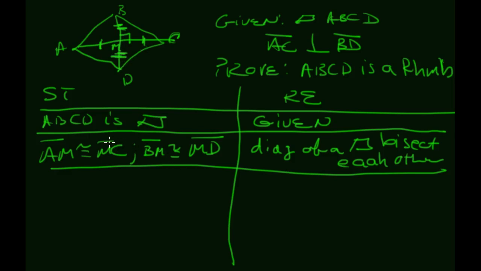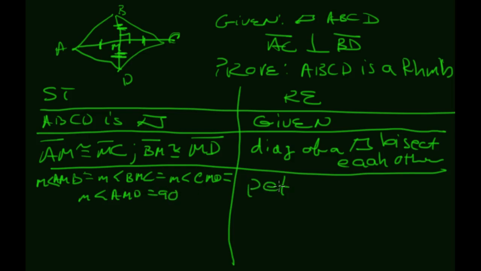I know that all of these angles, the measure of angle AMB is equal to the measure of angle BMC is equal to the measure of angle CMD is equal to the measure of angle AMD, and they all equal 90 because this is the definition of perpendicular lines.